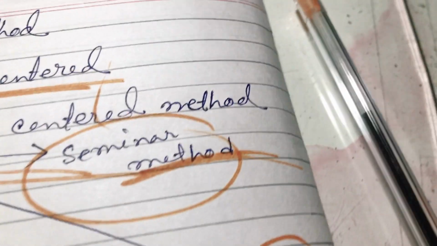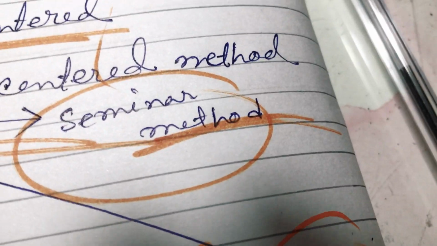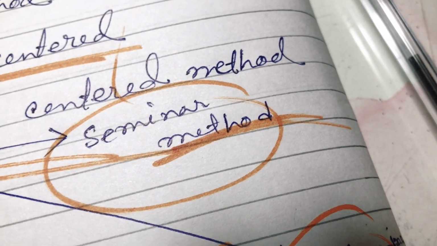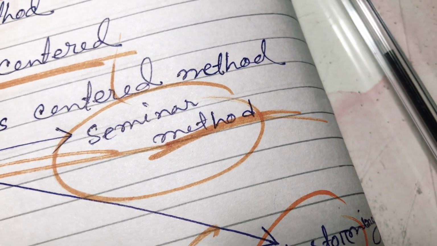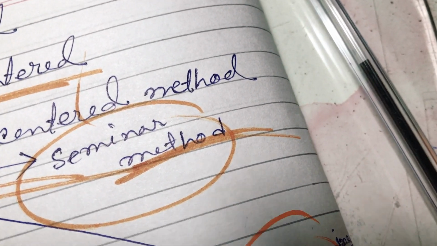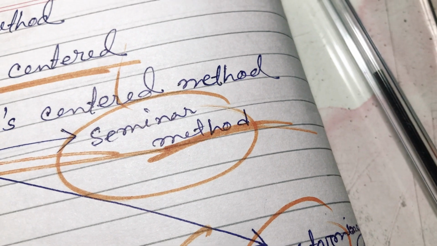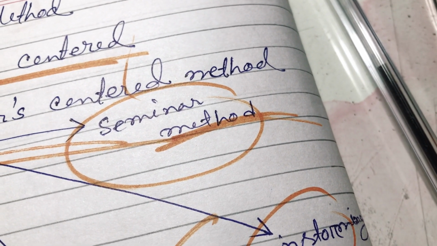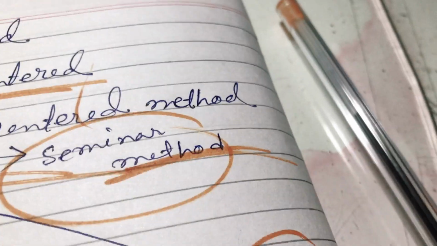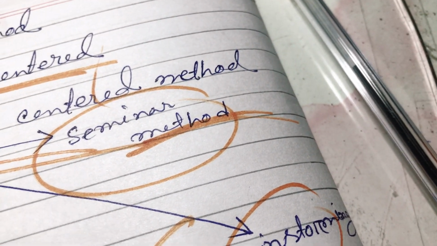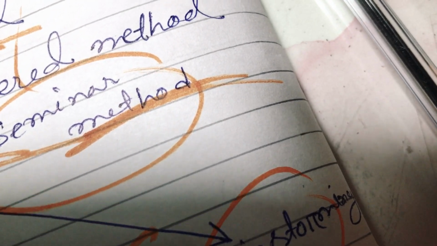Then the students will gather accurate knowledge from them. Okay, so this is a very helpful method, the seminar method. Through hearing the lectures, those who are not interested in reading books to gather knowledge will find the seminar method very helpful. Okay, and what are the merits?